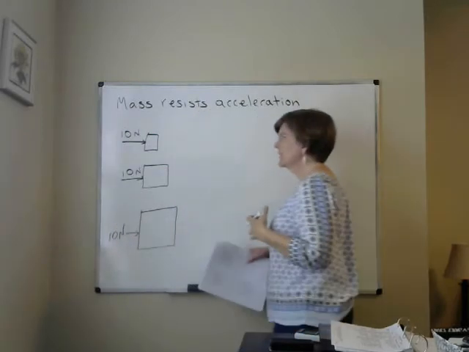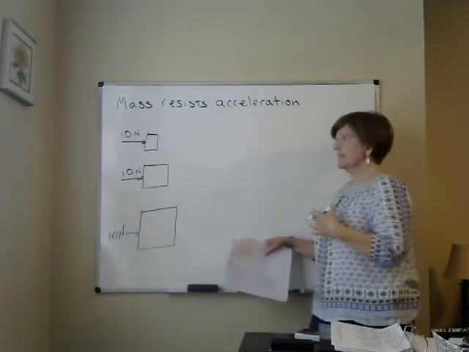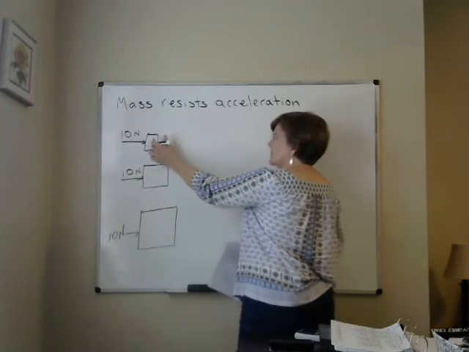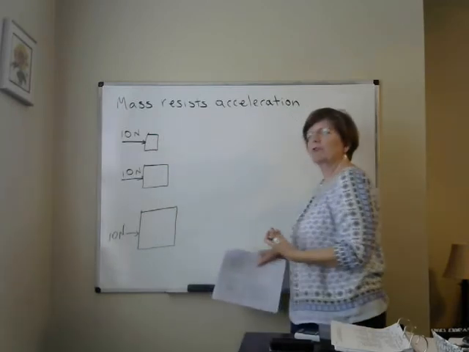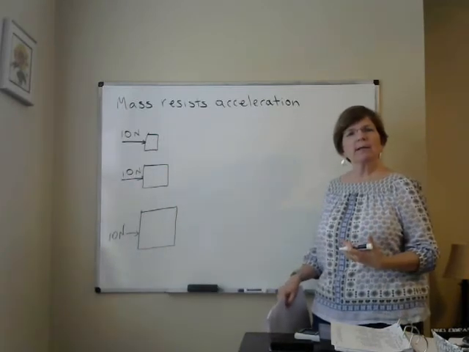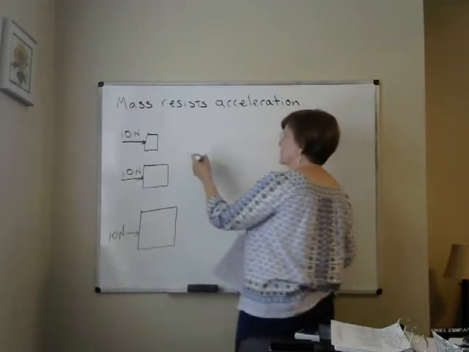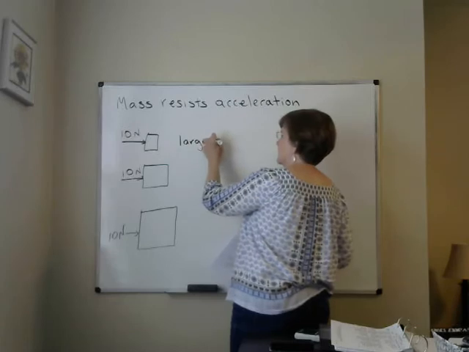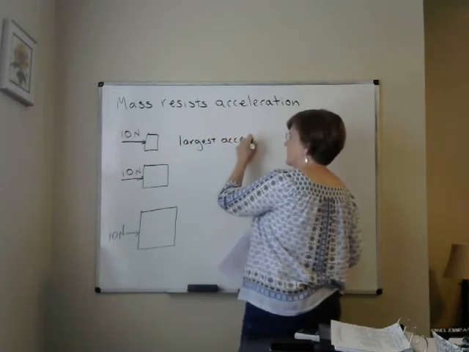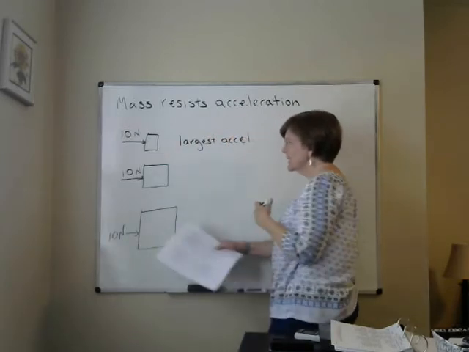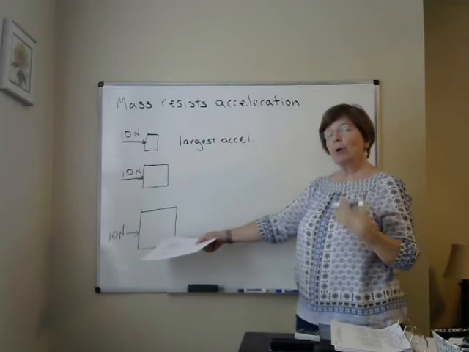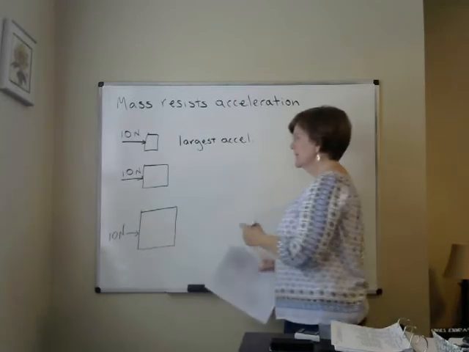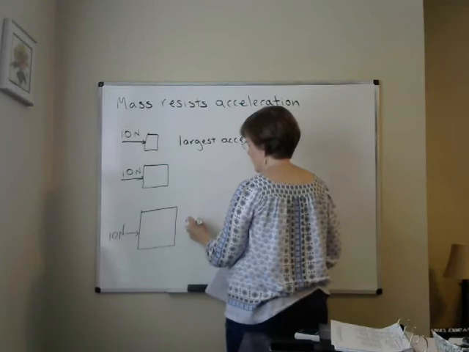Without really knowing much physics, it makes sense that if I put 10 newtons on a small object, think a ping pong ball, I'm going to get a larger acceleration. If I put it on a really heavy ball, like a bowling ball, I'm going to get the smallest acceleration here.